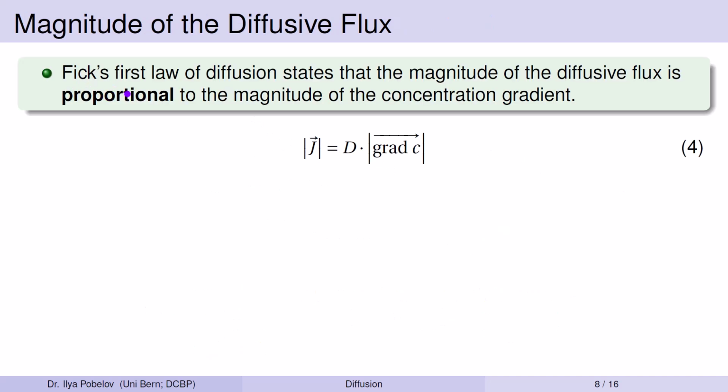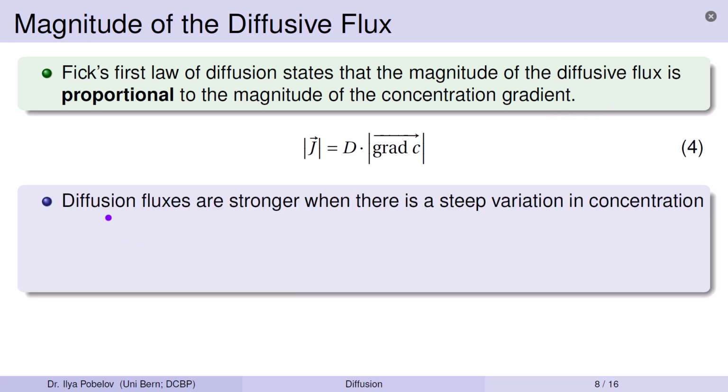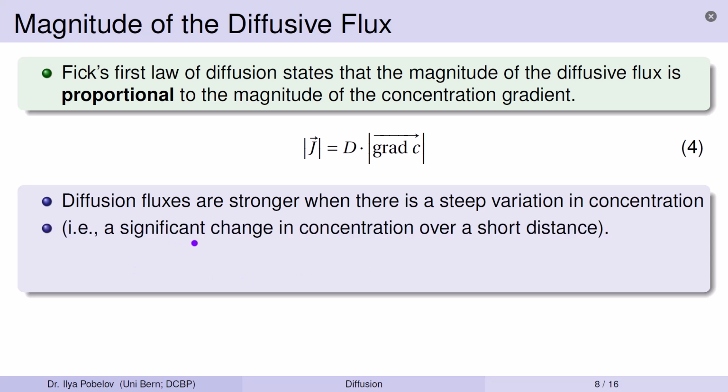Furthermore, Fick's first law of diffusion states that the magnitude of the diffusive flux in a medium is proportional to the magnitude of the concentration gradient within that medium. It means that diffusion fluxes are stronger when there is a steeper variation in concentration, or in other words, a significant change in concentration over a short distance.